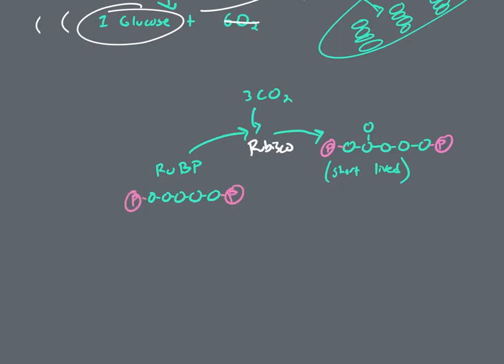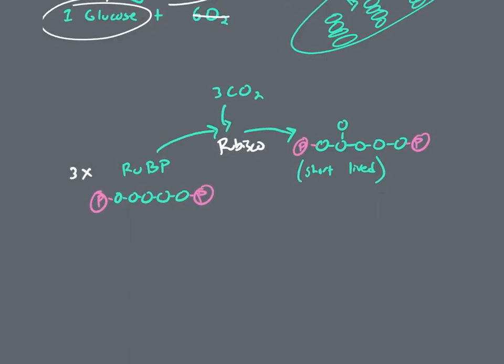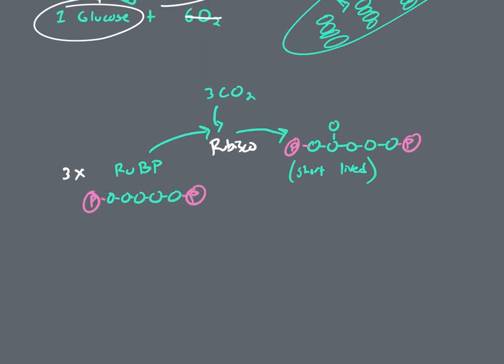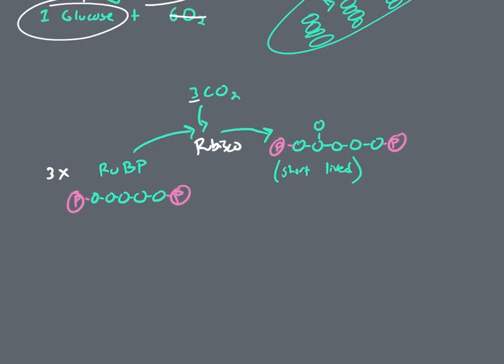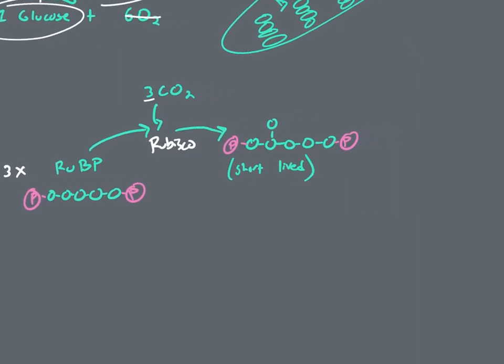Again, we'll come back to it a little bit more later. And we have 3 of them, so I'm going to write 3 times next to them. We combine that with the 3 carbons from the carbon dioxide. So in total, we have 3 times this 6-carbon molecule.